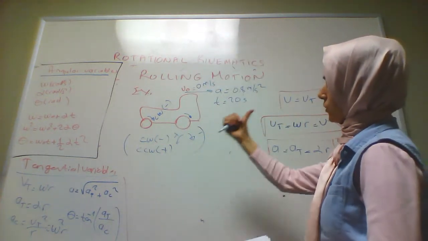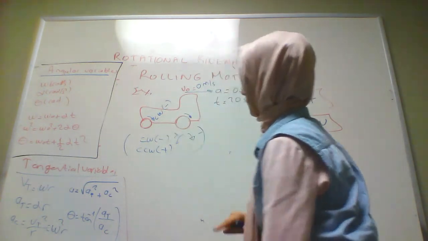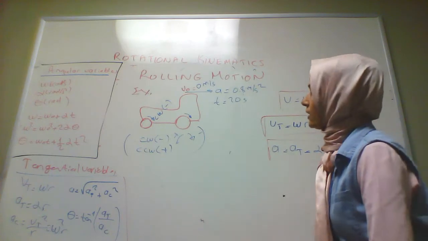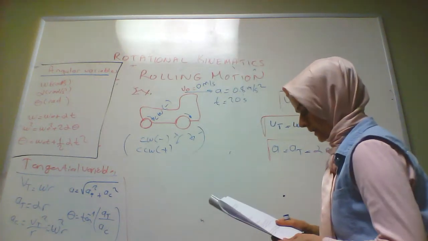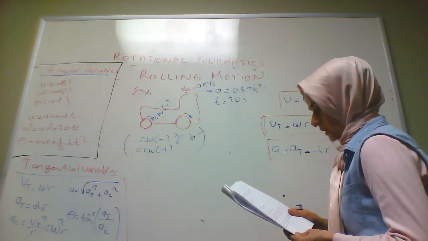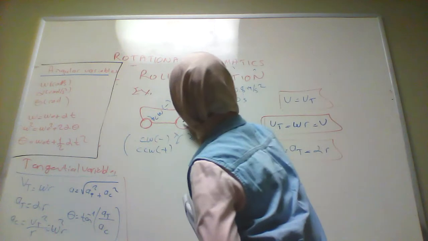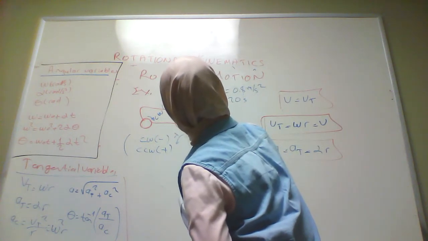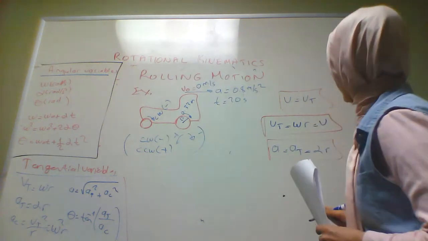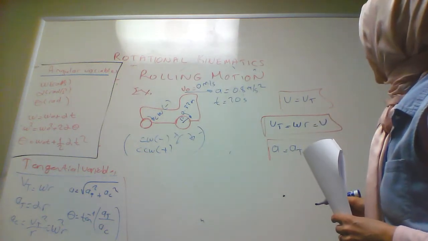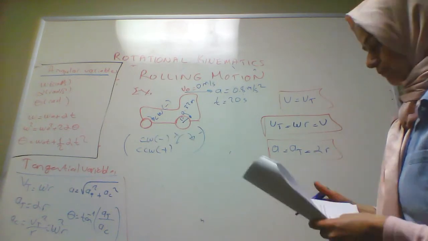So the car is going to the right, the tires are rotating clockwise, so omega and theta will be negative. The radius of the tires is 0.33 meters. So we also know the radius of the tires, 0.33 meters.